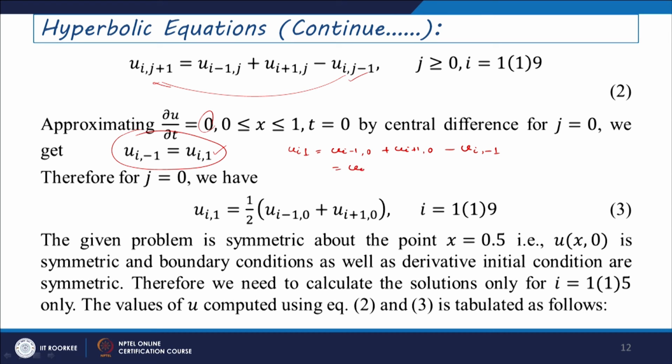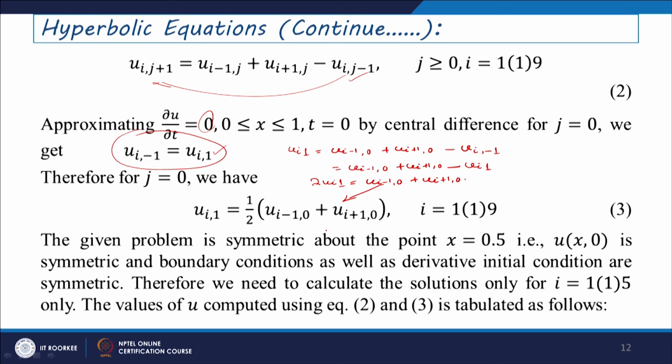This can be written as u I minus 1 0 plus u I plus 1 0 minus u I 1, which can be taken to the left hand side. So 2 u I 1 can be written as u I minus 1 0 plus u I plus 1 0 here. So that is why u I 1 can be written as a half into u I minus 1 0 plus u I plus 1 0.